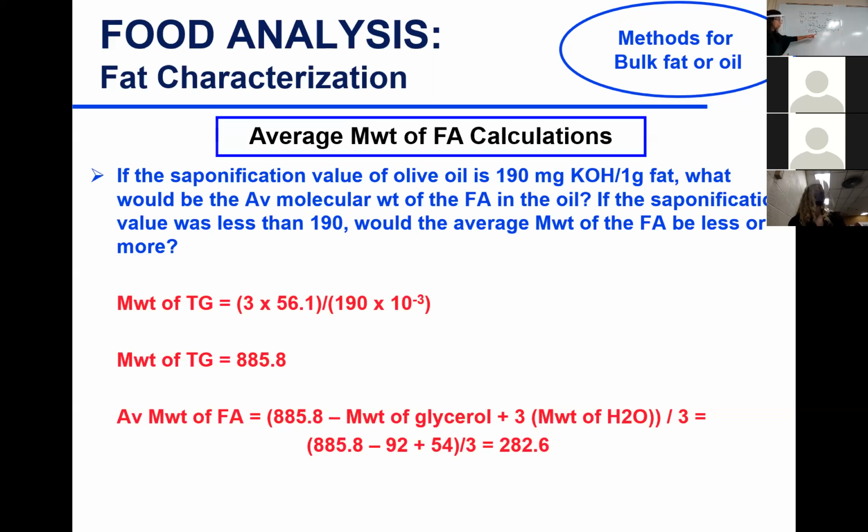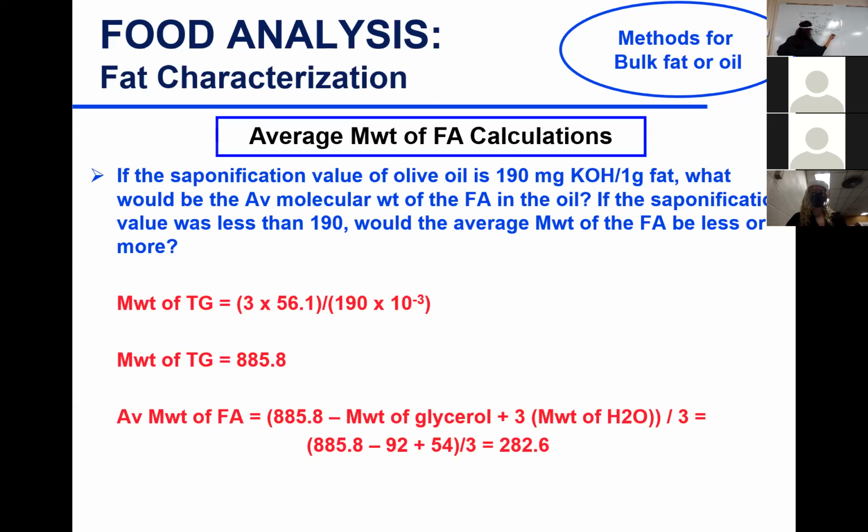I know it's getting small, you don't see it, but I'm just saying it out loud. Then I would take 885.8 grams per mole plus, what's 3 times 18? 54. Plus 54, minus, bring the 92 over, so it becomes minus 92 grams.